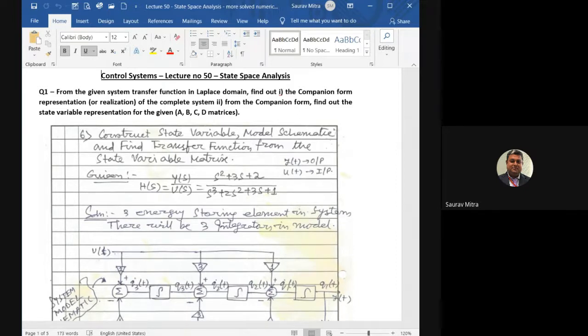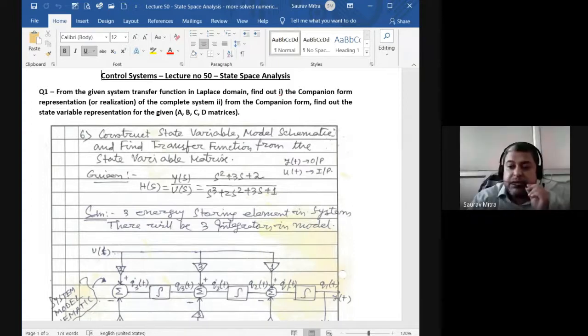After finding the transfer function, you converted it into the companion form. And from that companion form, you found the ABCD matrix.